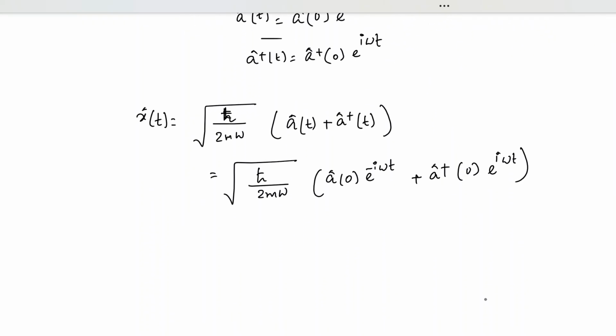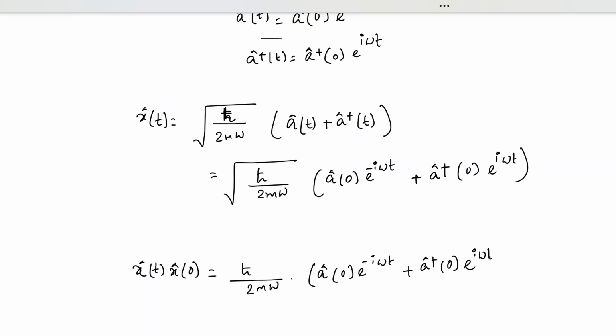Once you write down that, you know what will be your product of x(t) and x(0): it is basically h cut by 2m omega, since you have 2 root over h cut by 2m omega, so you can take a square, times (a0 e to the power of minus i omega t plus a dagger 0 e to the power of plus i omega t) times (a0 plus a dagger 0).